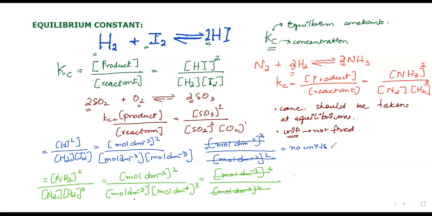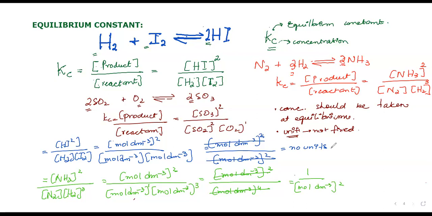Over here, we can divide, so we end up getting 1 divided by mole dm^-3 squared, because this is square and this is 4. Whenever we are dividing, we subtract the powers. So 4 minus 2, I get 2.